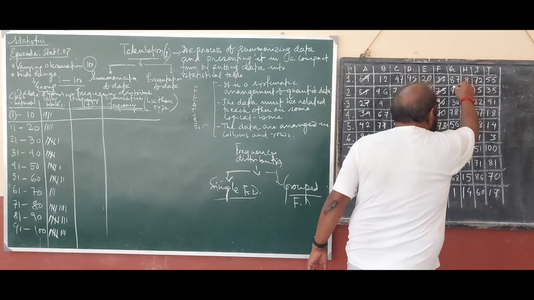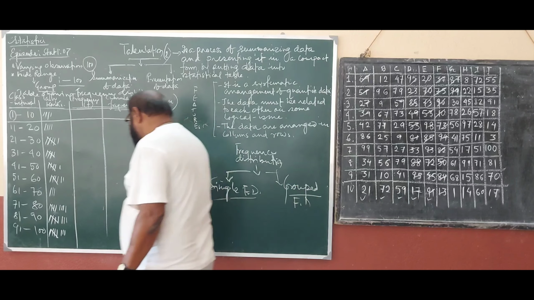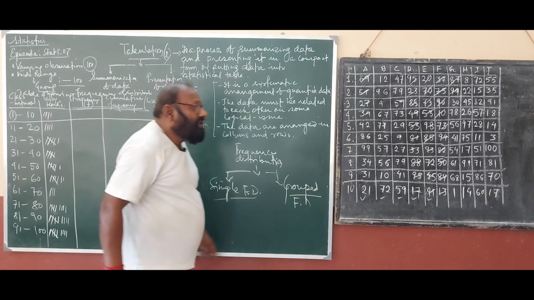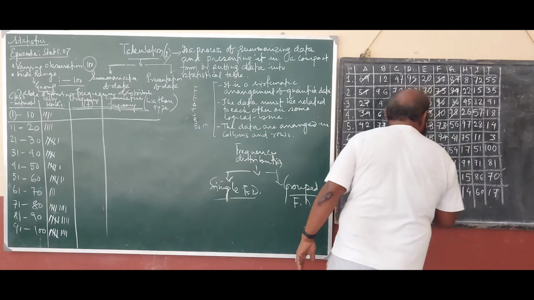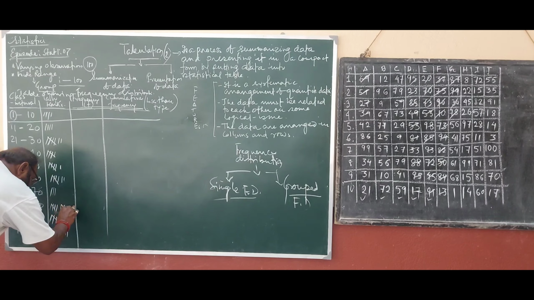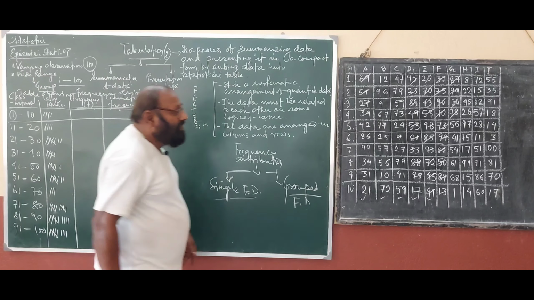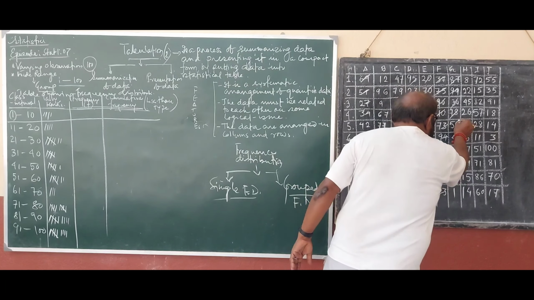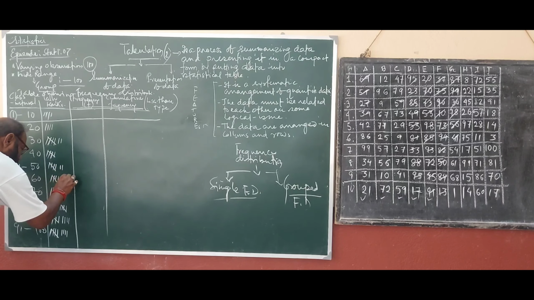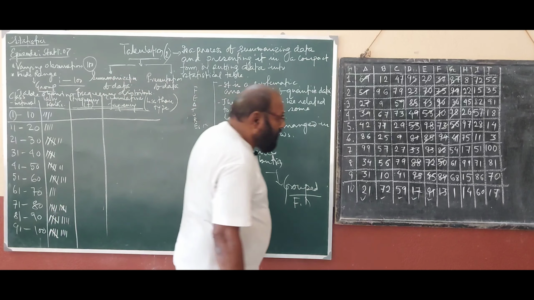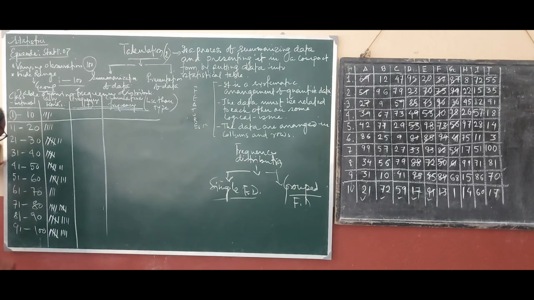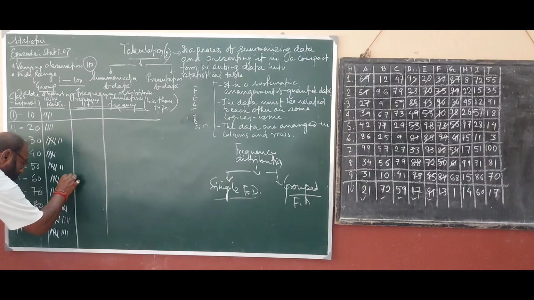Now this group: 87, 99. 87 is here and 99 here. 30, 78. 30 and 78. Now I am making another group. Okay, 56, 41. 41 over here or 56 over here. 54, 61. 61 over here, 54 over here.